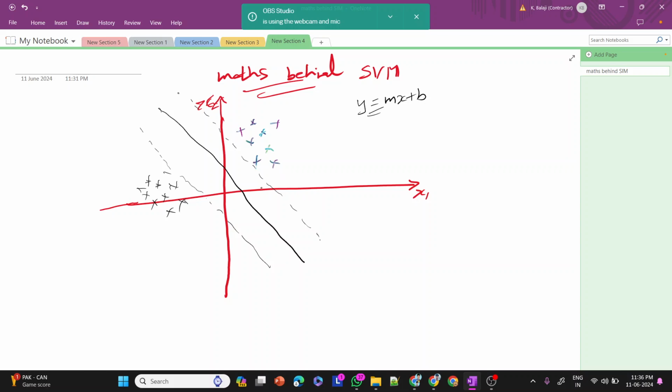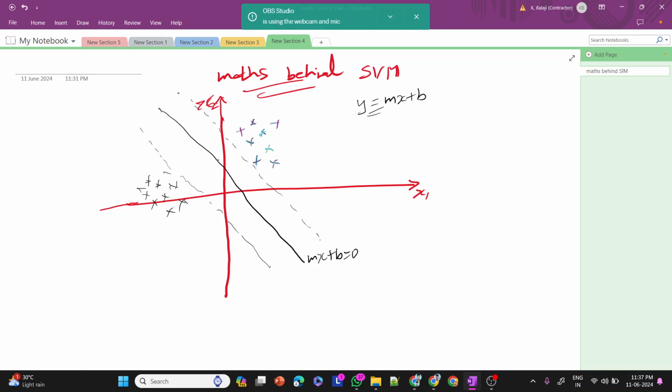For the hyperplane line, and for these two lines, we have this linear formula. We can consider this hyperplane as the formula mx plus b equal to 0.